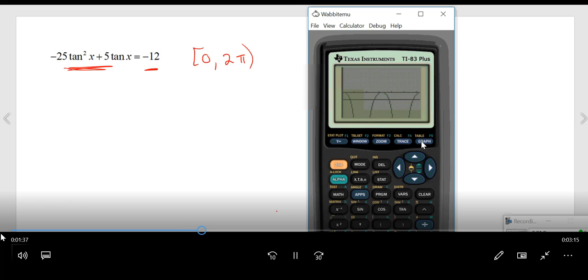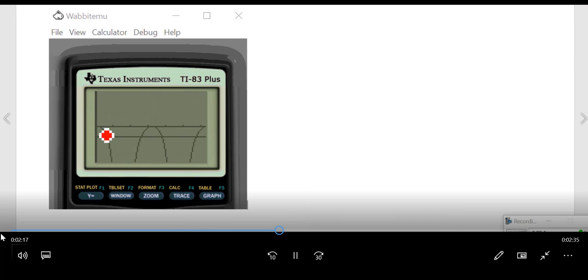One thing you will notice is here is my y1. Here's my tan squared. It goes down like this. It has an asymptote. Then it comes up like this, and it goes back down, and it comes up like this. That's my y1, that's my minus 25 tan squared x plus 5 tan x. And then my y equals negative 12 is this line right here.